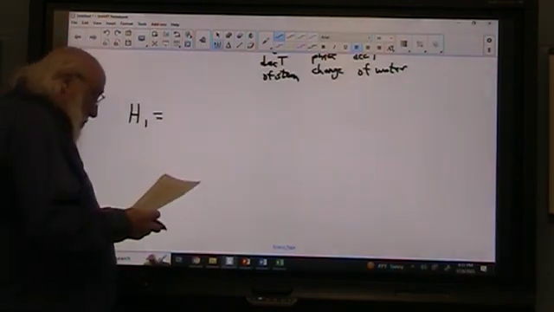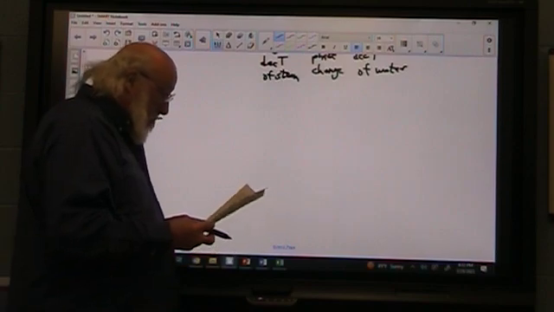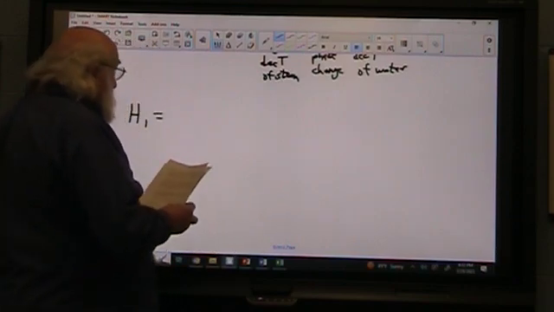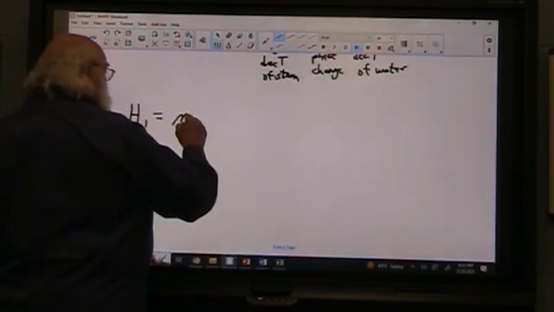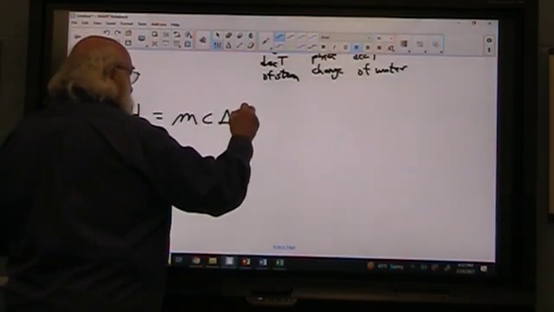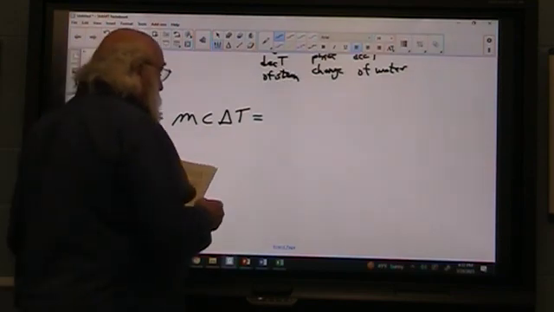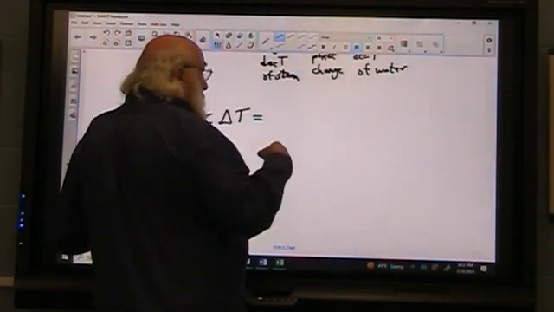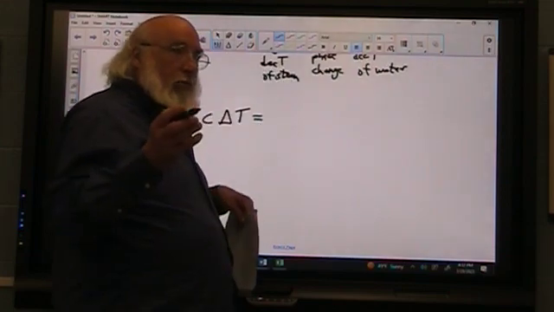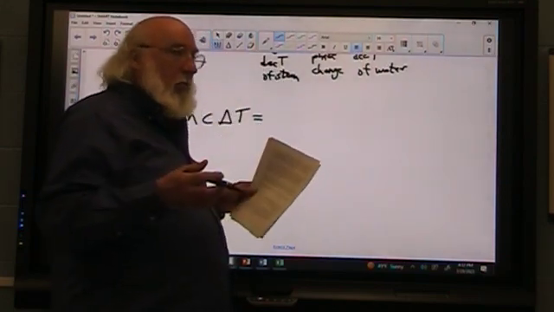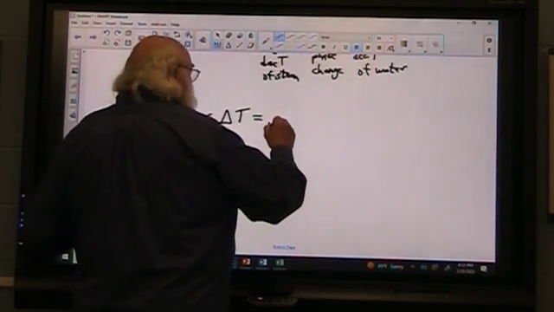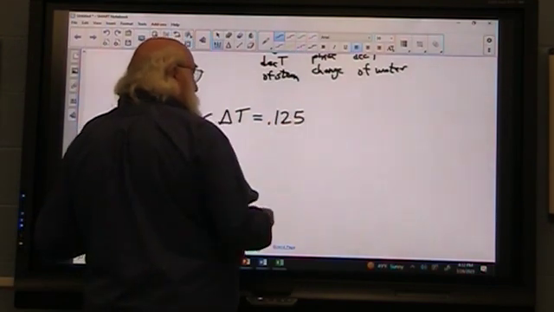If I can keep following my paper properly, that would be really nice. So since this is a heat change, this is going to be MC delta T. And again, we're going to change our grams to kilograms. If we go ahead and do that offside here, we can just put down 0.125 kilograms, because again, there's 1,000 grams in a kilogram.